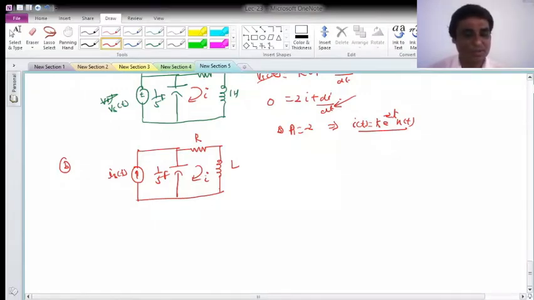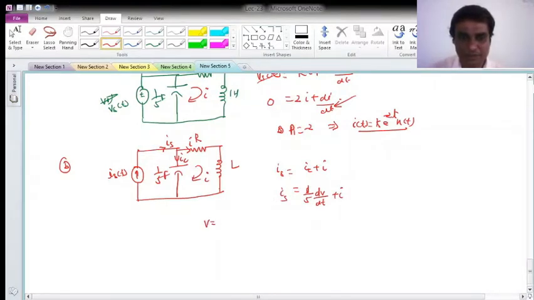Let us write the equation. This is Is, this is the current through the capacitor, and this is my i. So Is will be Ic plus i. Ic will be C dV by dt, meaning 1/5 dV by dt, plus i, which will be Is.